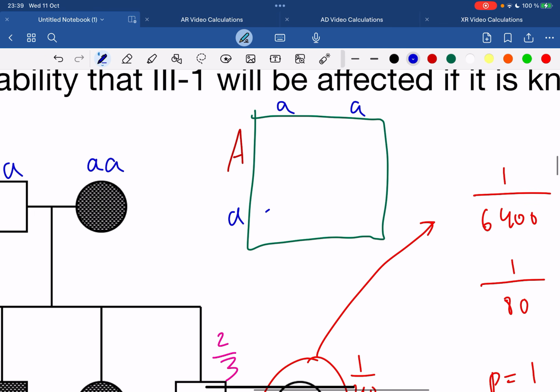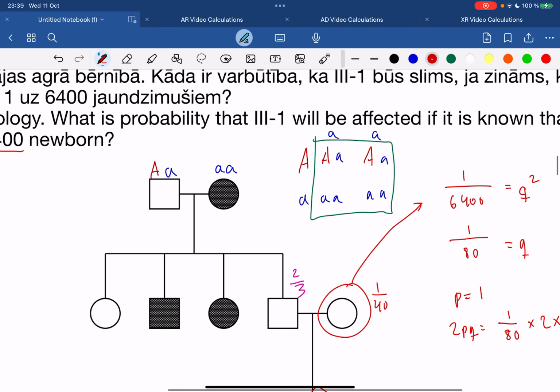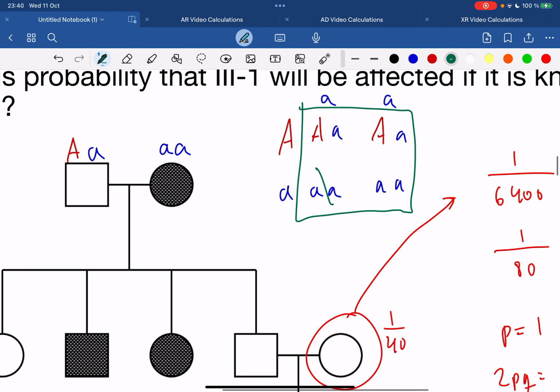So here we can immediately see that this person does not have 2 out of 3 chances, but we know for sure that he can't be any of these because he is healthy. He has to be one of these.